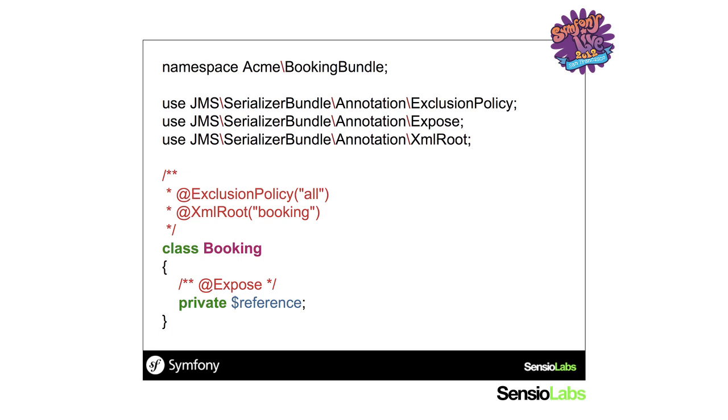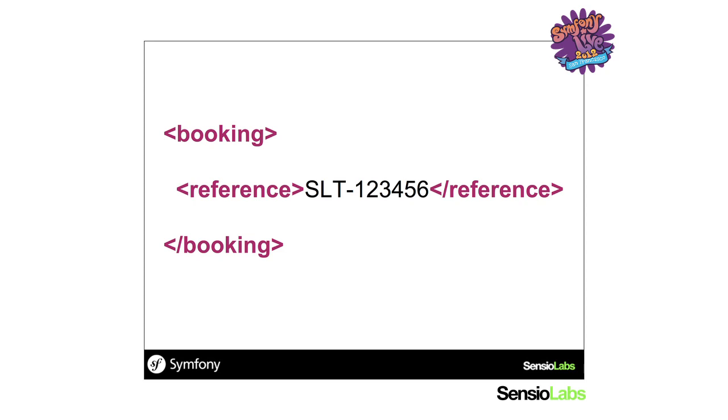There's a main tag which is @ExclusionPolicy, which you can specify on the class itself. With this tag you want to exclude all properties except the reference property, which contains the @Expose annotation. So I don't want to display the information of my object except for the reference. So when I serialize my object to XML, JSON or YAML, I will only have my reference information.